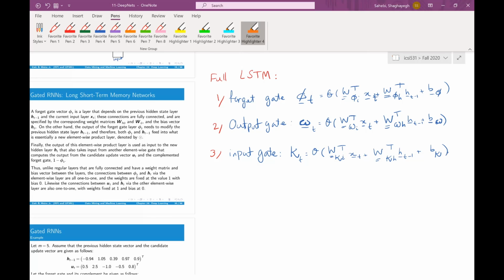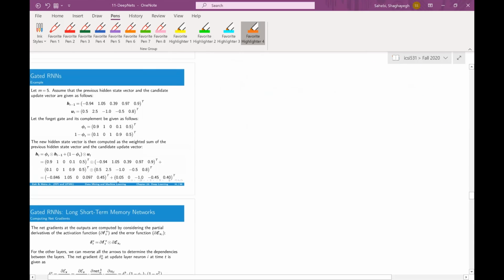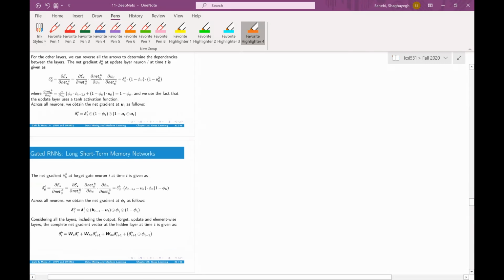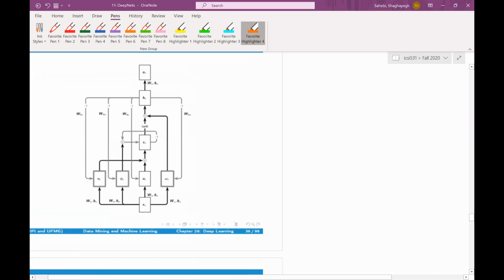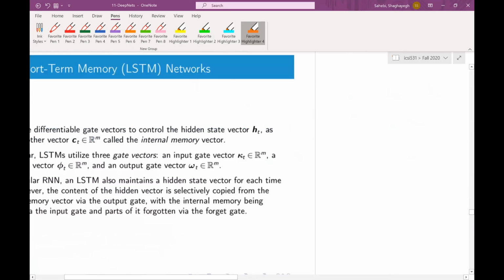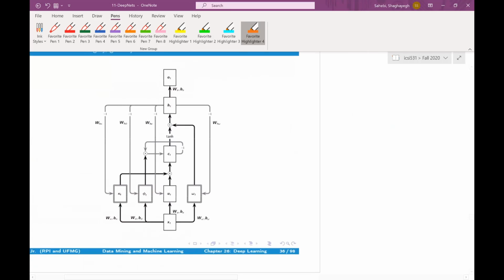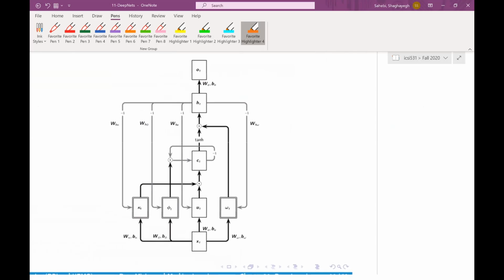And what we are going to do is keep 2 types of memory. One is a hidden state, h_t, from which the output is computed. So if I show you here, we have a hidden state h_t, and the output is computed from that.